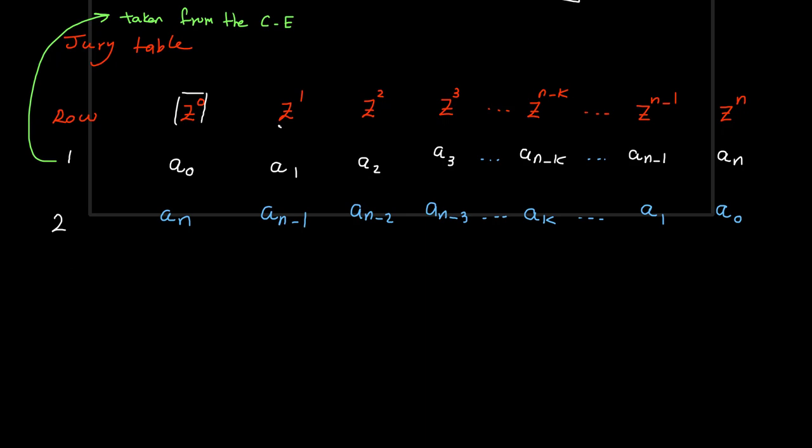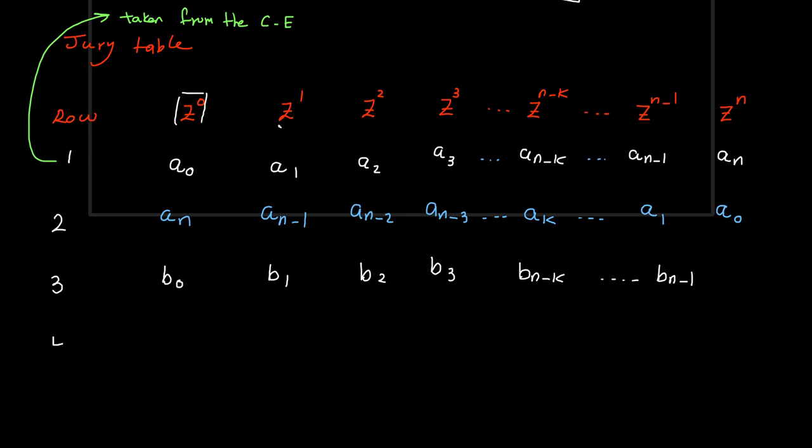So here we need to fill the third line, and let's assume the coefficients of the third line are b0, b1, b2, b3, b_(n-k), until I'm reaching b_(n-1).